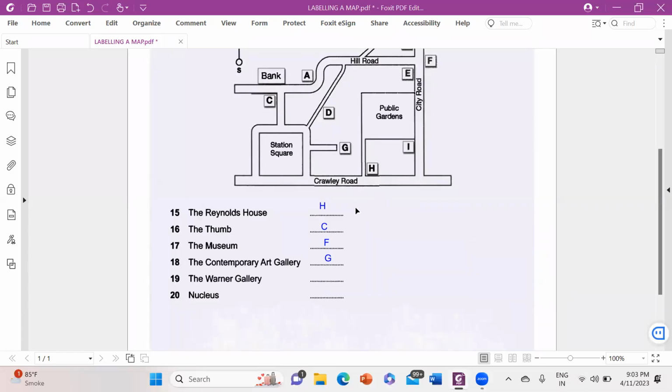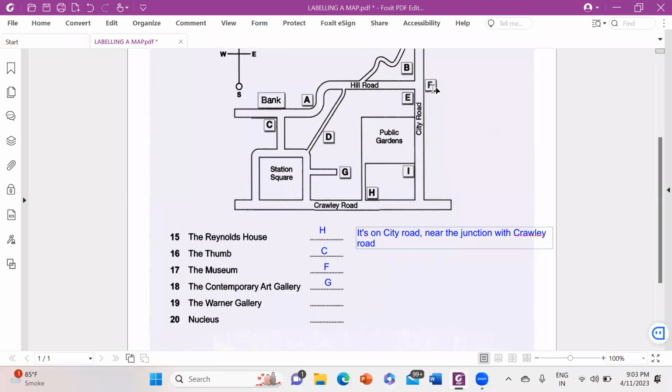For question number 19, they clearly said it's on City Road. Then they said near the junction, not at the junction, not facing the junction, near the junction with Crawley Road. Have a look at City Road.